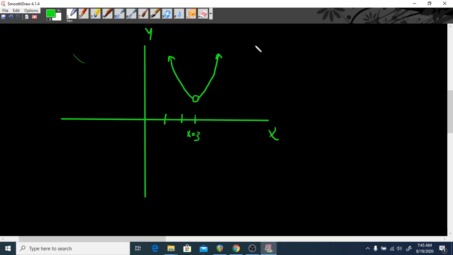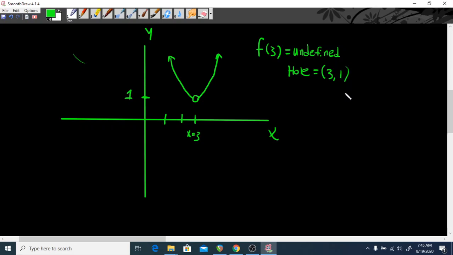So here's the point. By putting the hole here, immediately f of 3 is undefined. There's no function there to speak of. Okay? And just for simplicity's sake, let's say this is y equals 1. So in other words, the hole is located at x equal 3, y equals 1.